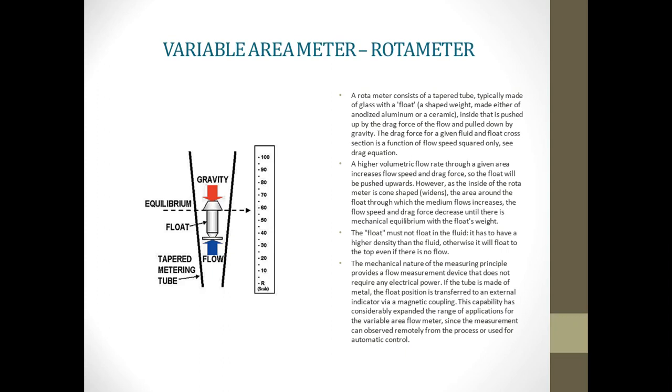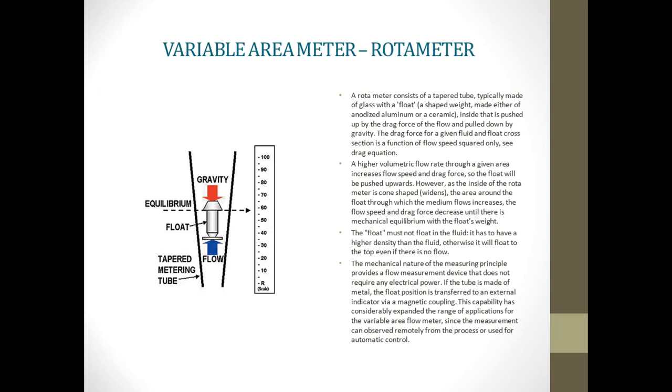The fluid or gas velocity pressure falls until this plus the fluid or gas buoyant effect exactly equals the weight of the float. The float then comes to a dynamic equilibrium.